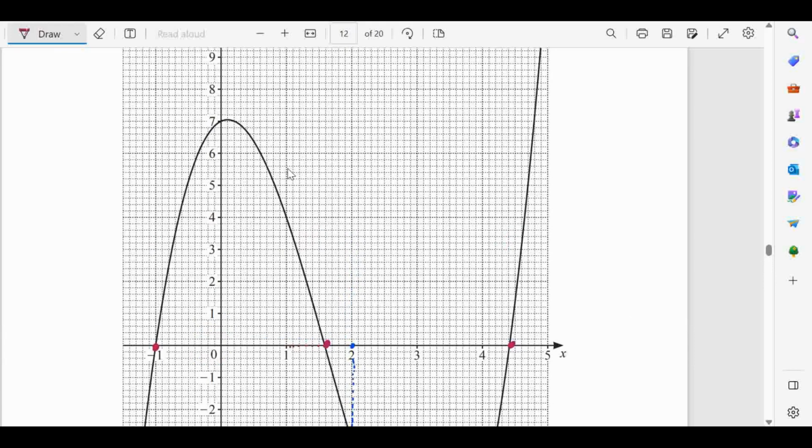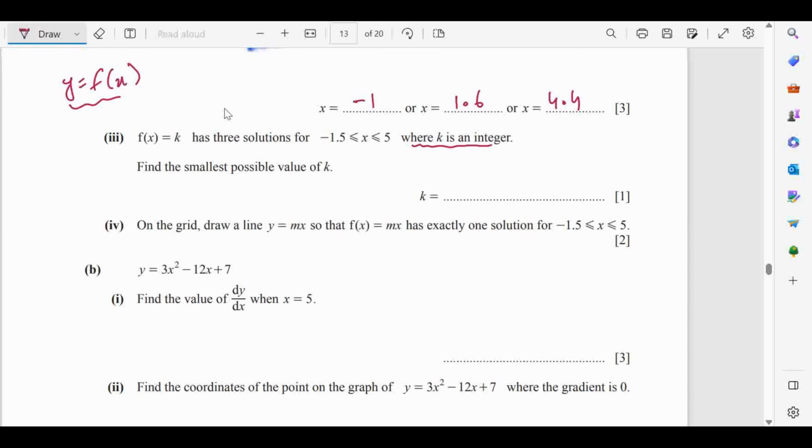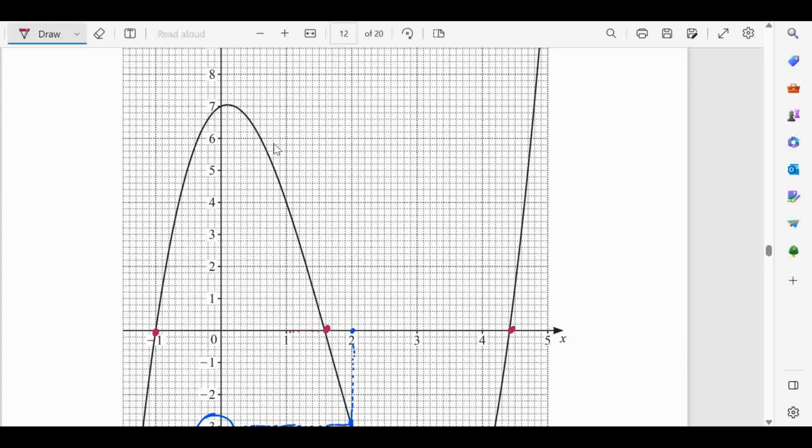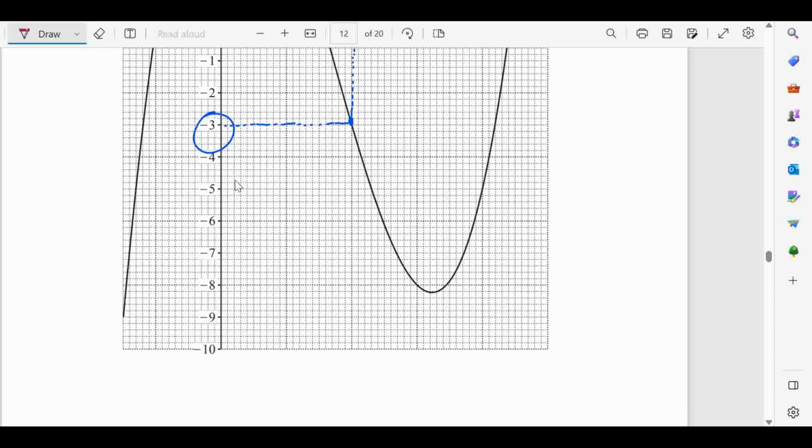Now for the value of k, we can see the number of solutions. We must have 3 solutions. For 3 solutions, we can draw a horizontal line at this point, at this point, at this point. But the important thing is that we need to find out the smallest value.